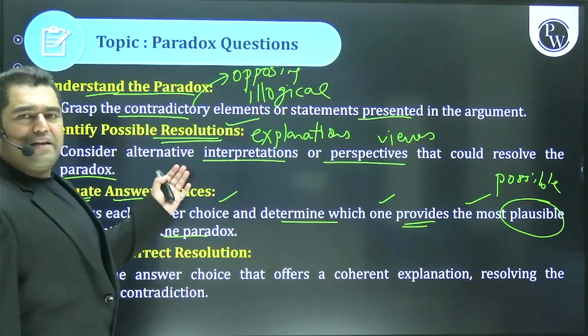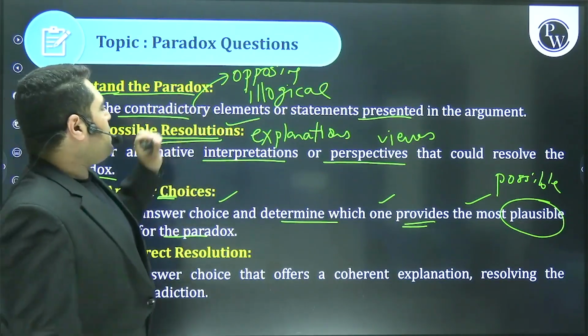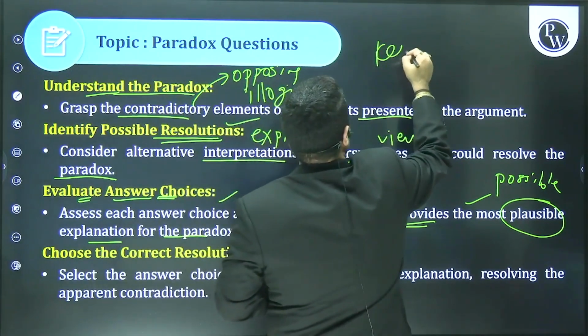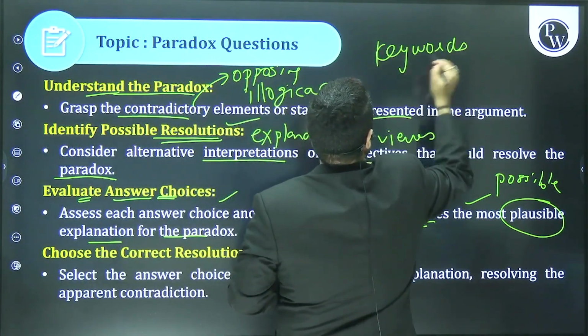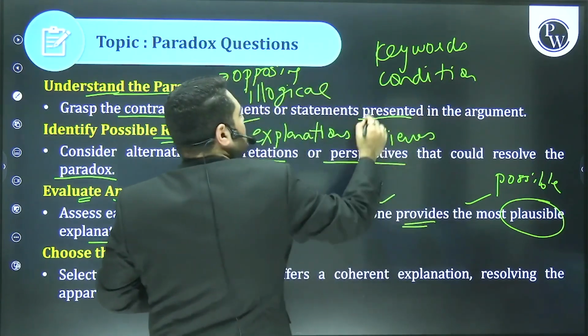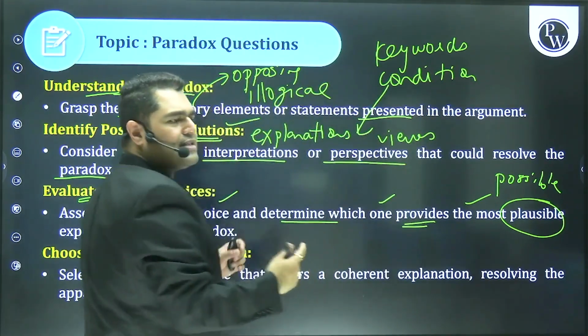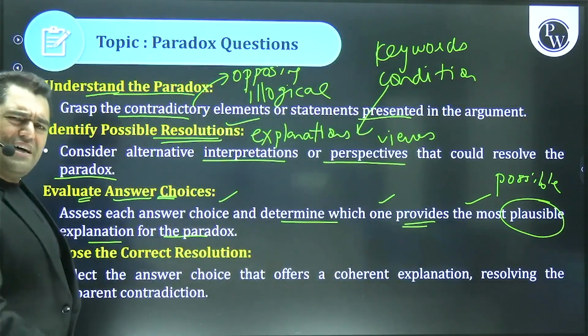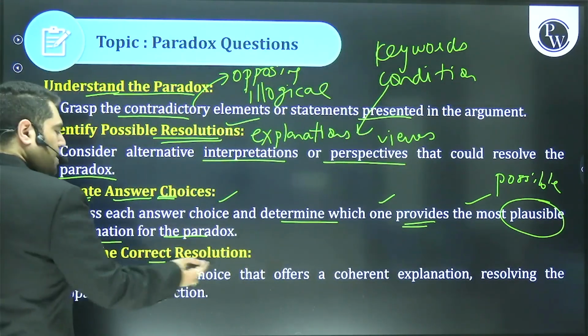So you can see that while we are reading the question, we have already established keywords and the condition of the question. On that basis you have already predicted it, and then it's a matter of choosing from the answer choices. It's easy. Now choose the correct resolution.